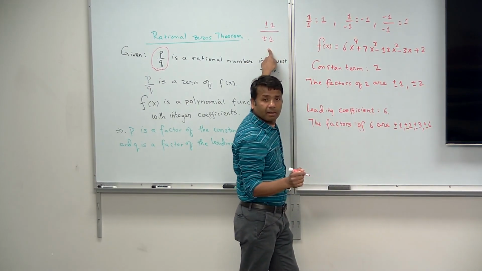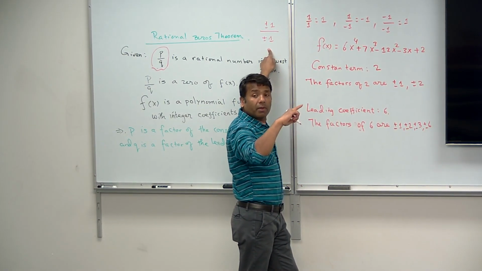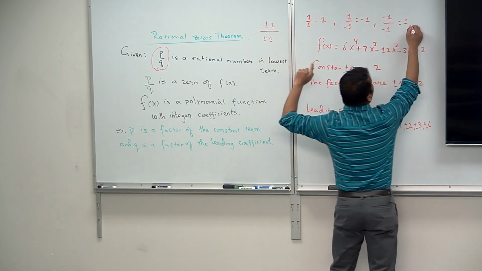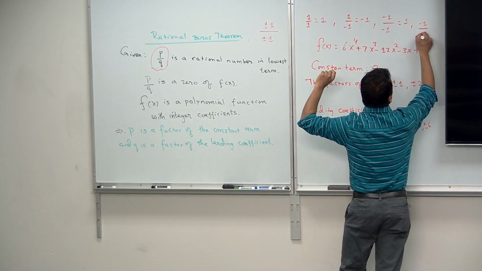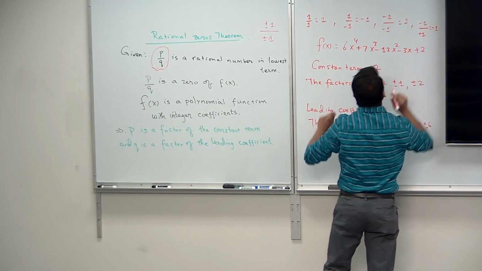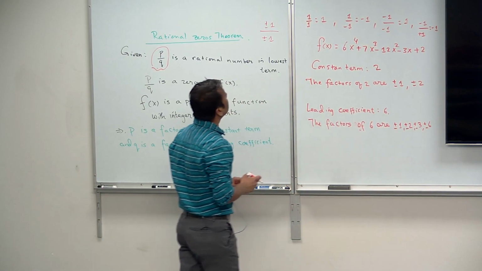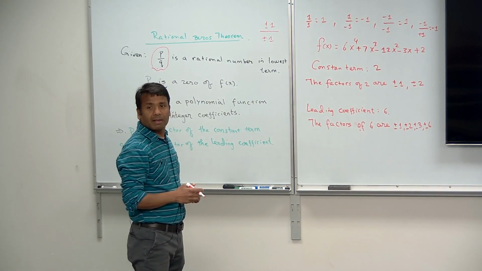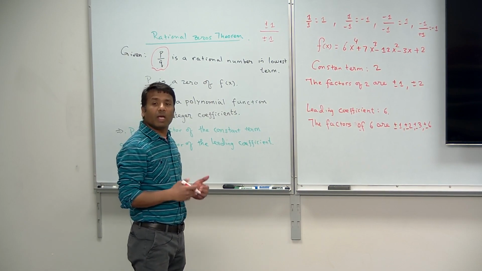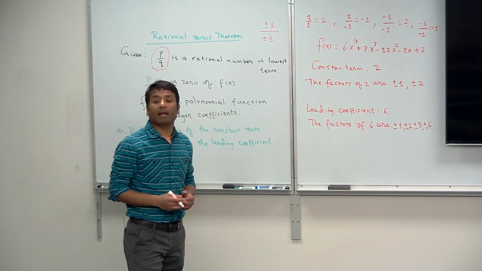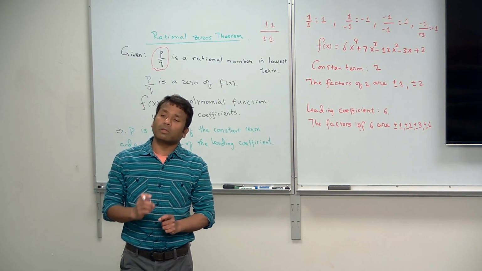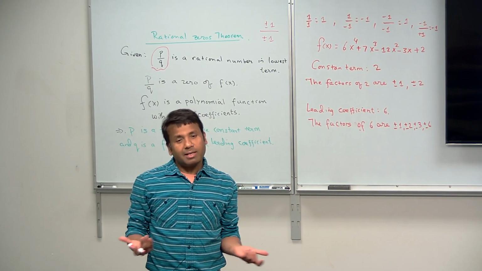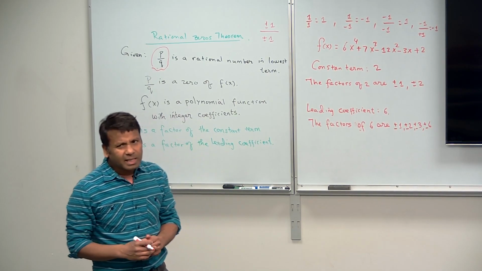Pick negative 1 on the top and positive 1 on the bottom, then negative 1 over positive 1 will be negative 1. So either you get positive 1 or negative 1. So if you divide plus or minus 1 by plus or minus 1, you will get plus or minus 1. That makes sense?